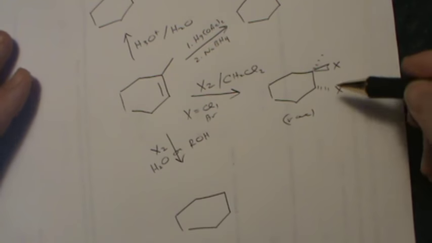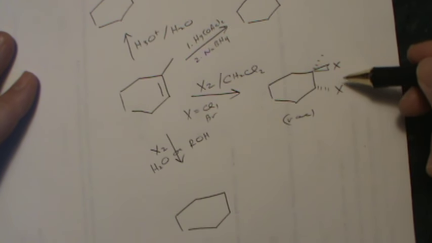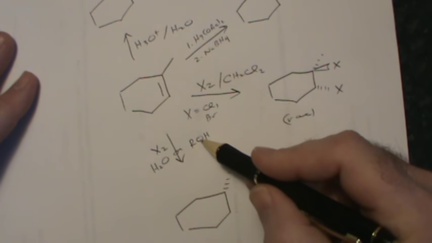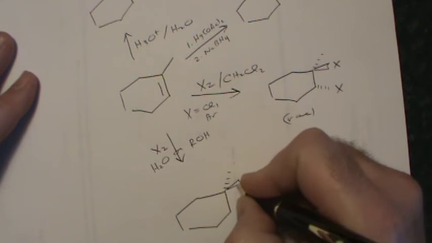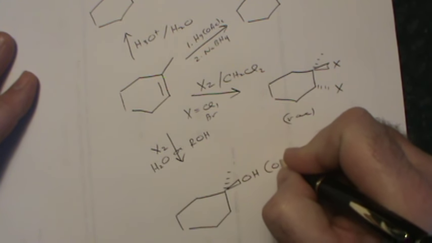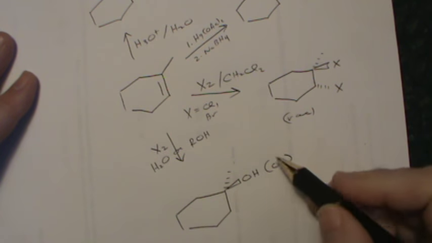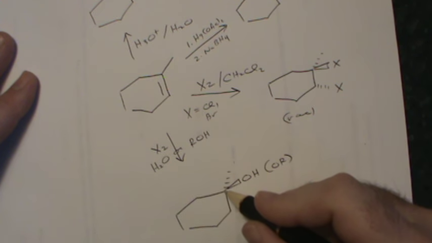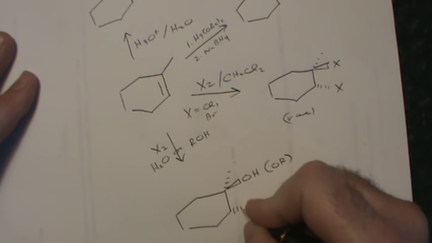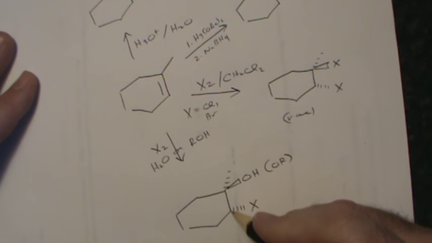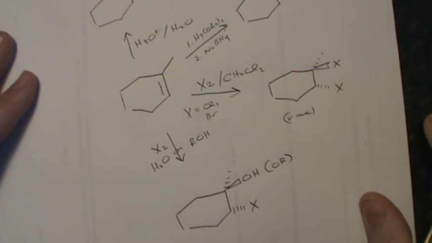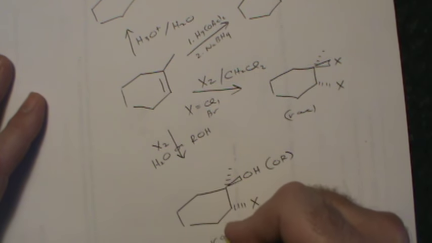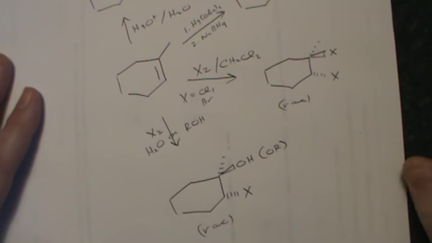We'll still get an anti-arrangement of the two groups that add on, but we're going to see either the OH or the OR group add to the more substituted carbon. So this is OH or OR depending upon whether we're using water or alcohol. Notice that it's added to the more substituted carbon, and still in an anti-fashion, in the vicinal spot, the adjacent spot, we'll add the X. So this is halohydrin or haloether formation, and once again this would have to be produced as a racemic mixture.